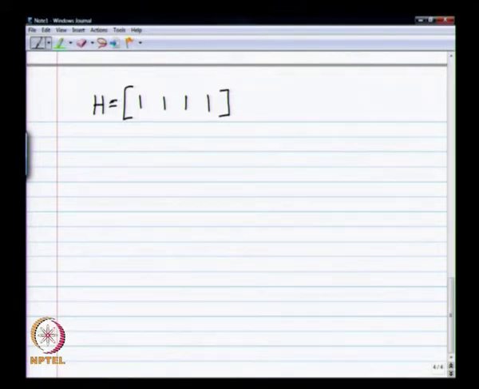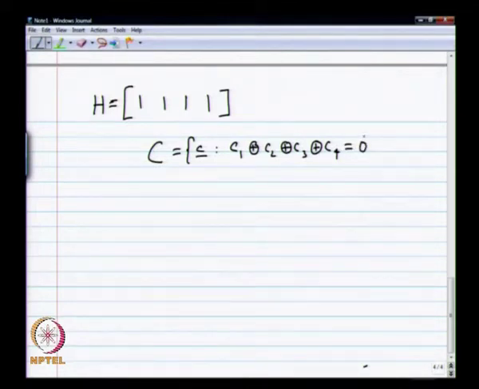So, you have 1 1 1 1. Essentially this code is described by the set of all code words C such that C1 plus C2 plus, okay, I will put a circle around plus because we are also dealing with real numbers here. So, I want to distinguish between plus and XOR. C1 XOR C2 XOR C3 XOR C4 equals 0. Okay.